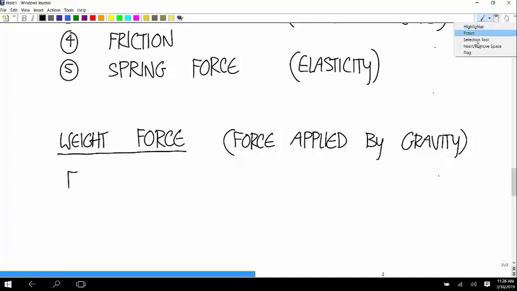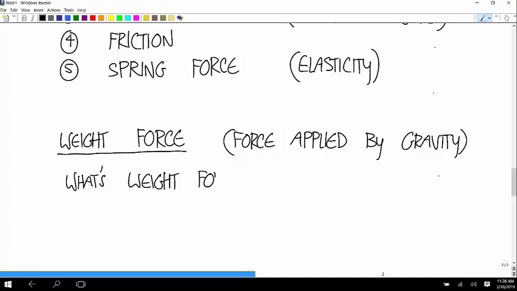So what's the weight force on an object with a mass m?